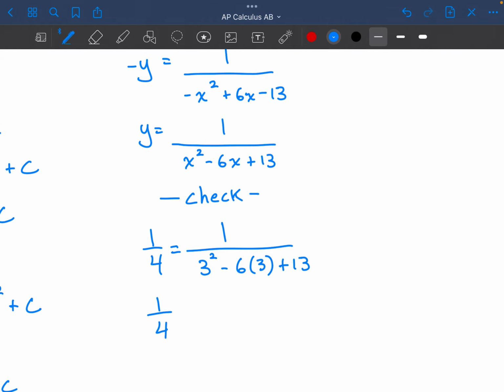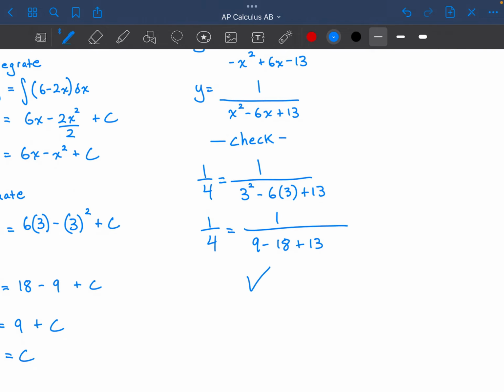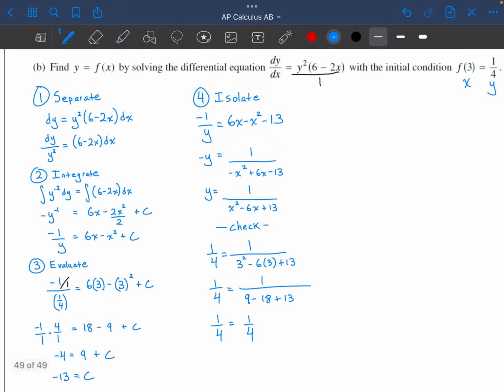Does that work out? 1/4 is equal to 1 over 9 minus 18 plus 13. Well, 9 minus 18 is negative 9. Negative 9 plus 13 is 4, and that's 1/4. Okay, yes, I got it. 1/4 is equal to 1/4. It did indeed work.